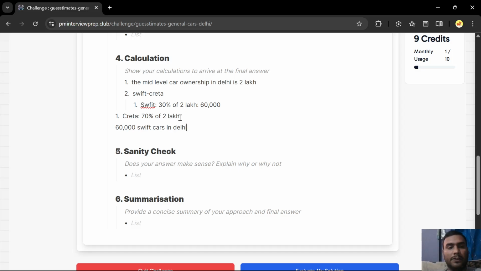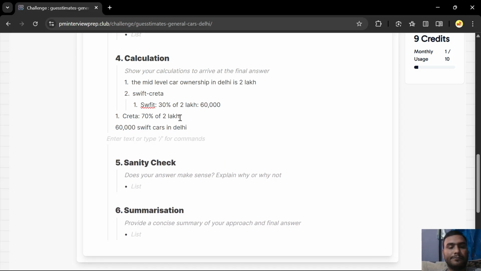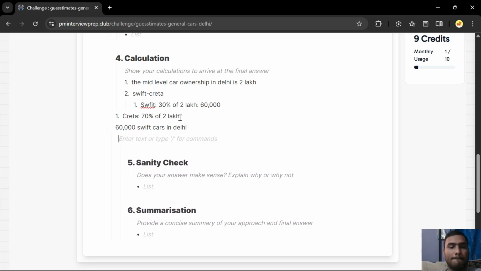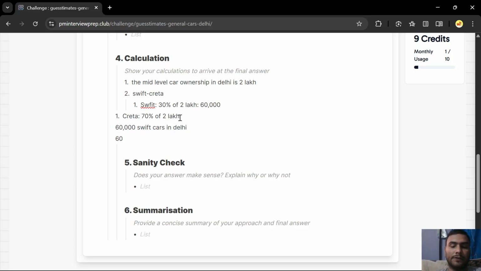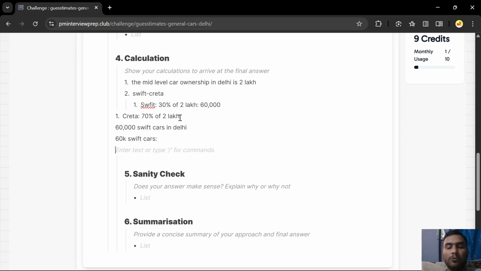Now let's begin the next level. Now we have got 60,000 Swift cars. Now the next breakdown that we will do will be based on the colors.